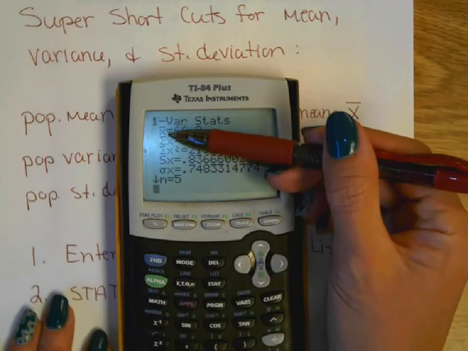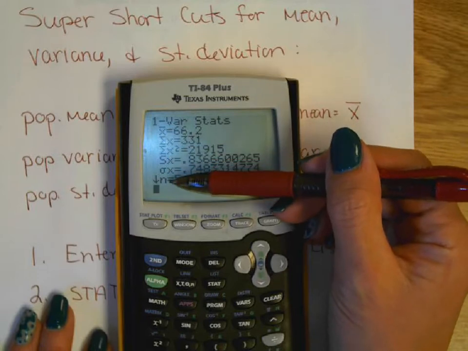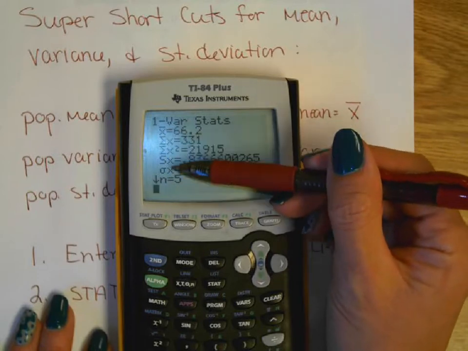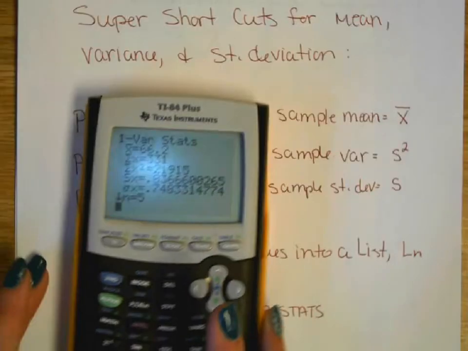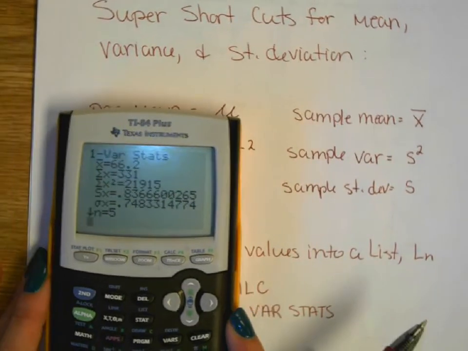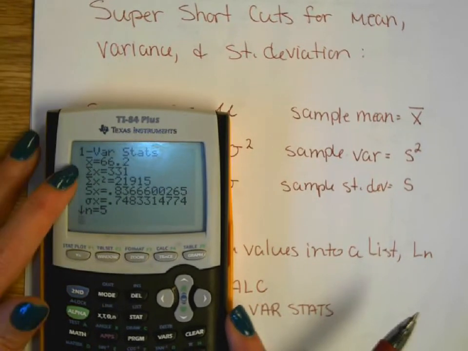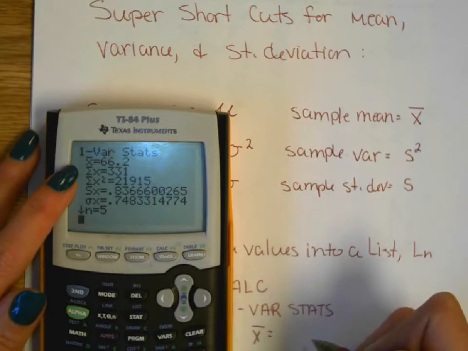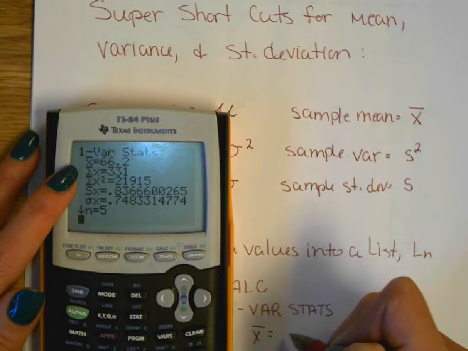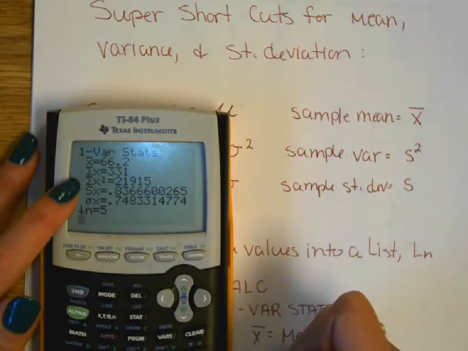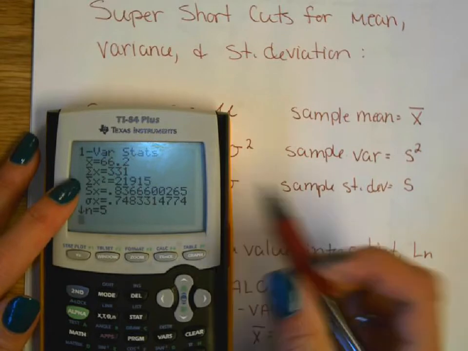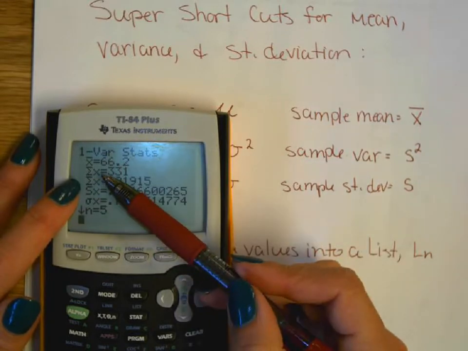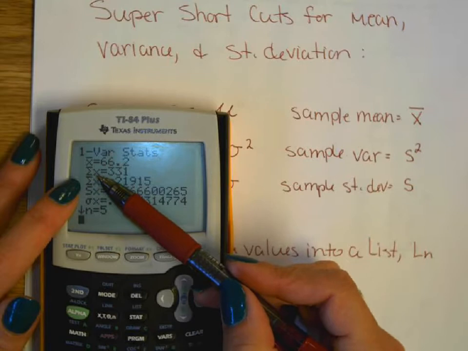Okay, 1-Var Stats generates all kinds of really useful information, and I'm going to go right down the list. The first symbol you see on here is x bar. X bar is giving you the average of that list, the mean. Then you'll see sigma x. Well, you know sigma means to add up, and then x, it's just saying I'm going to add up all of the x values.